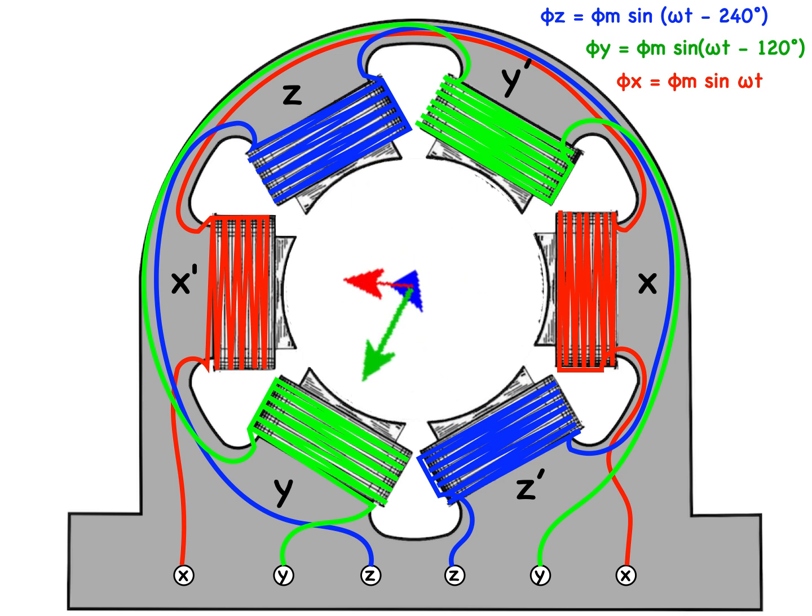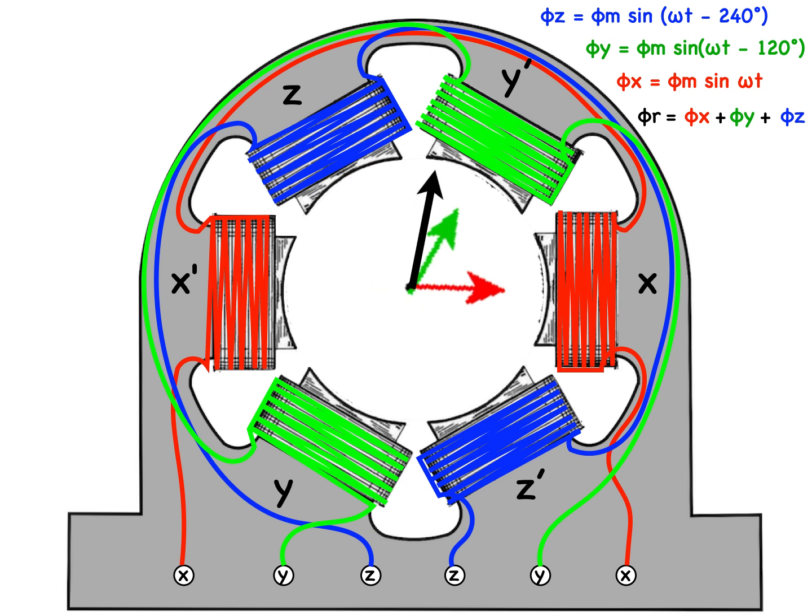The green and blue crossings are delayed by 120 and 240 degrees respectively. When you add these vector arrows, they result in a generated field phi r, which I've indicated in black, that is of constant magnitude and changes direction constantly, rotating smoothly, completing one cycle at the same speed as each red, green, and blue phase omega, either in radians per second or cycles per second.